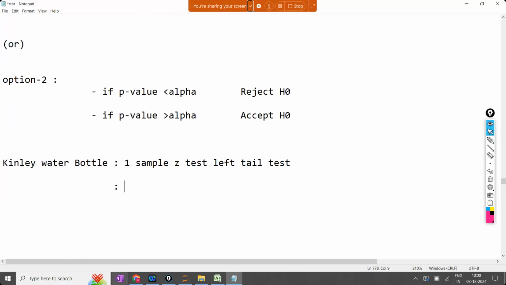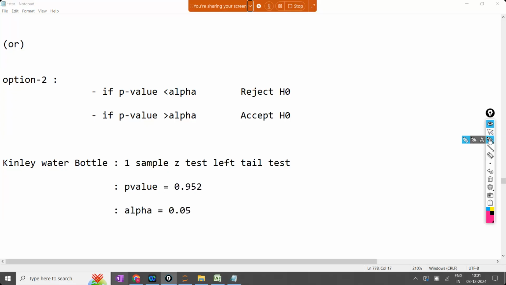For this same example, what is the p-value you got? 0.52. Keep this. And what is the alpha value? The alpha value is 0.05. Now, these are the 3 required.